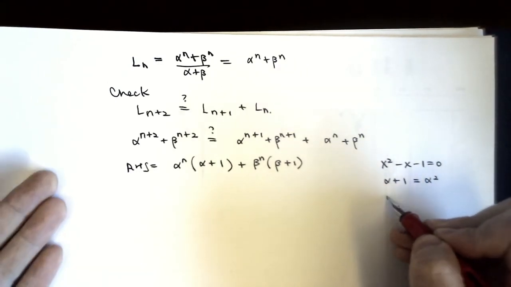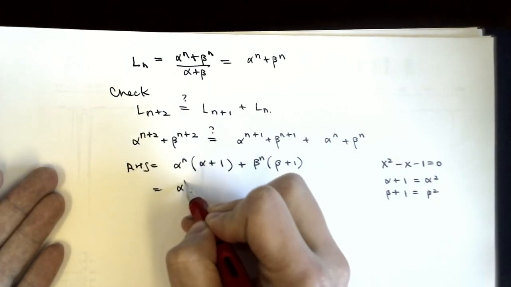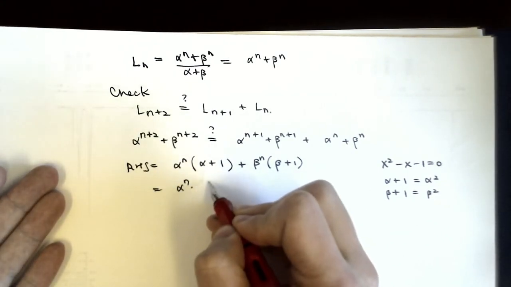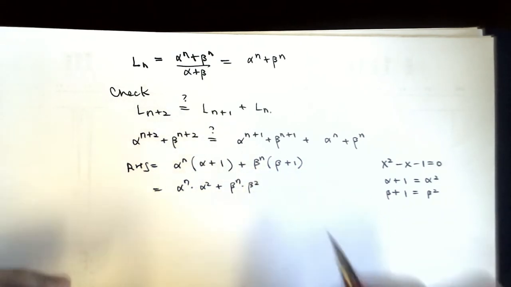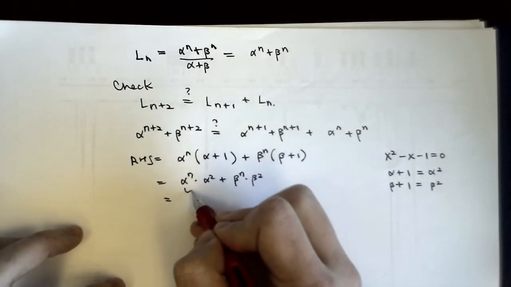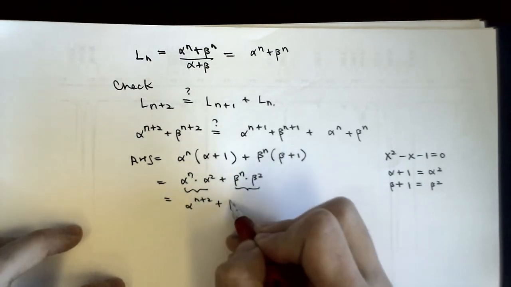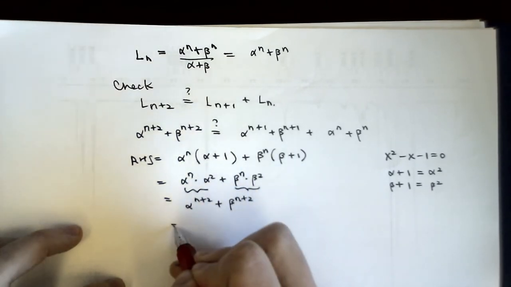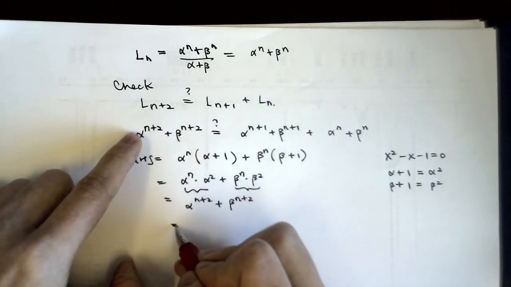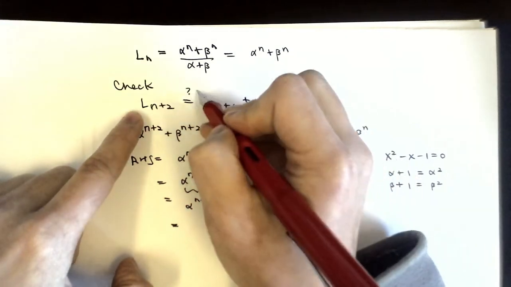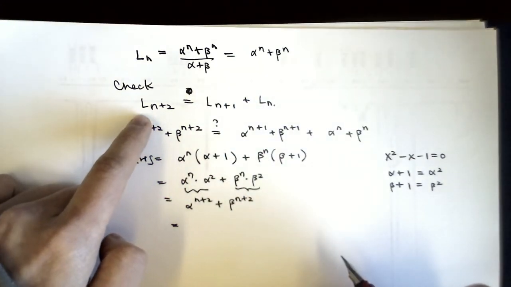We know that, right? And then beta plus 1 is equal to beta squared. So we plug in, that would be alpha squared, that would be beta squared. So we combine these two terms, and we get alpha n plus 2 and beta n plus 2. Indeed, this is what we want. Therefore this recursive relationship is correct.